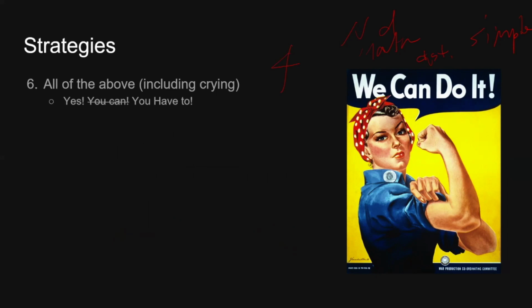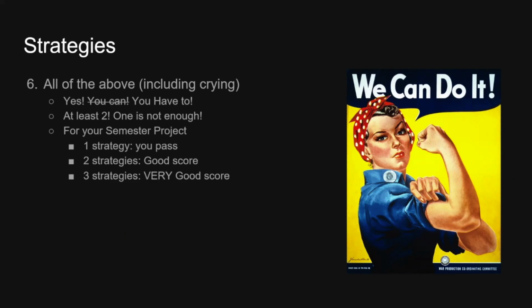And the projects that you're going to see from this class, the homework problems, are going to require you to use at least two methods. One of the grading rubrics for the semester projects is to count how many different strategies you have tried, and how you approached a problem.